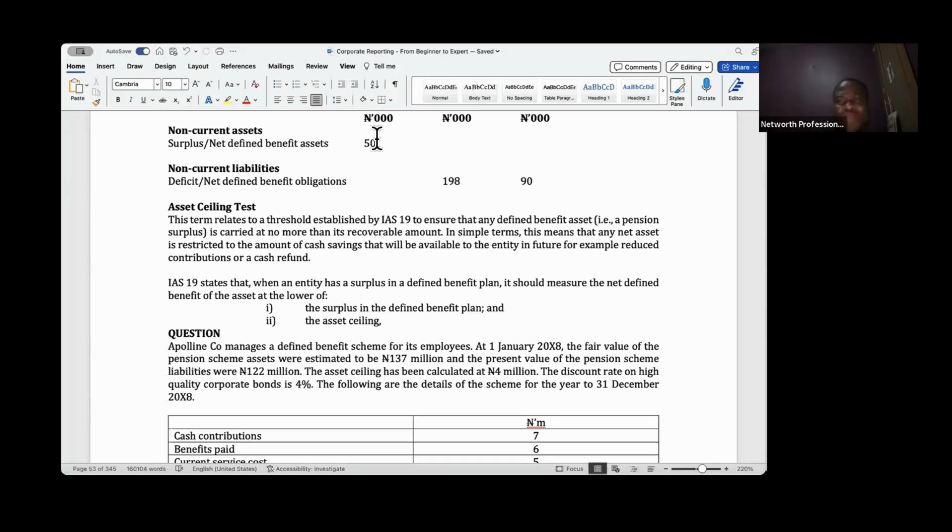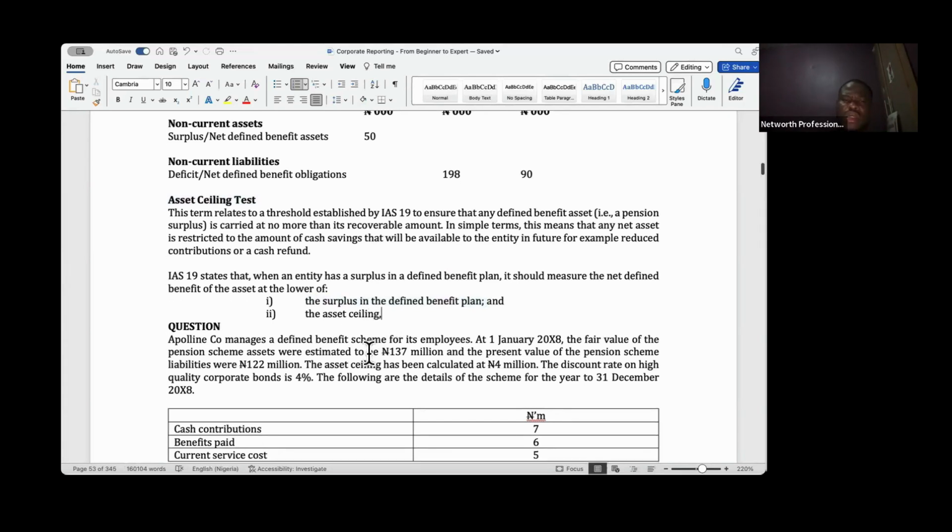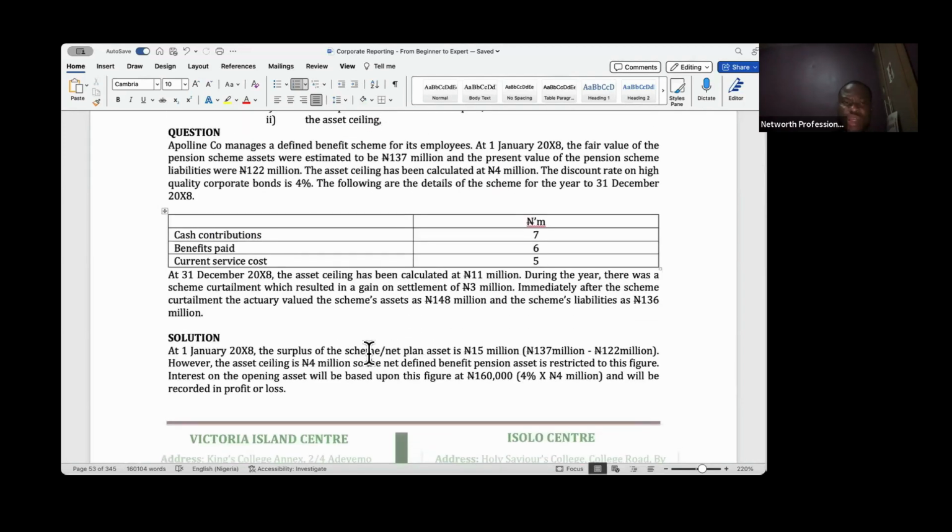And you see this picture I've painted, subjecting a surplus or a net defined benefit asset to a recoverability test is what the standard called asset ceiling test, by comparing the surplus with an asset ceiling, which is speaking to the savings you would actually make, either in terms of refunds or reduction in future contribution. And that is it. That is all we want to look at in asset ceiling. So nothing really different from what we have been looking at.